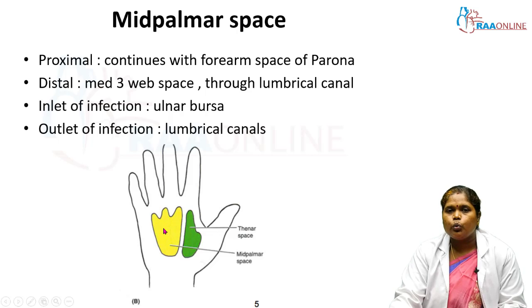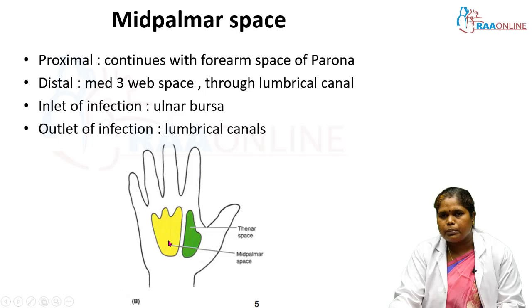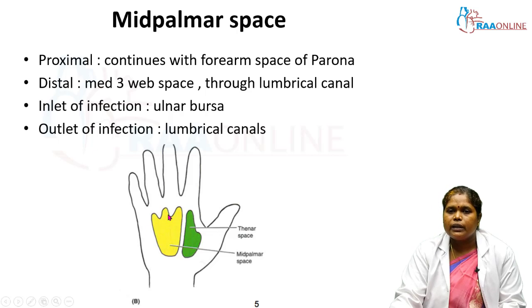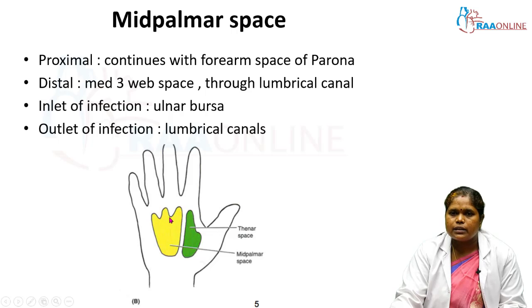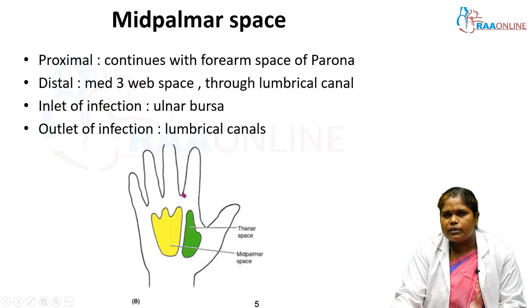Outlet of infection, that means how we can let out the pus from the mid-palmar space. So, here we saw that distally it is going to end in the web space. Through the lumbrical canals, the lumbrical muscle tendon will be going to this web space.